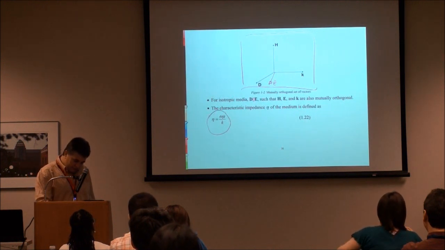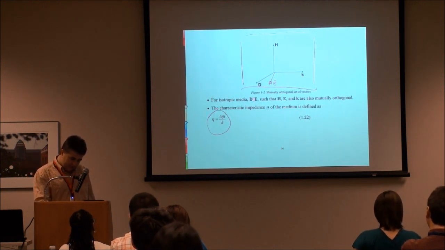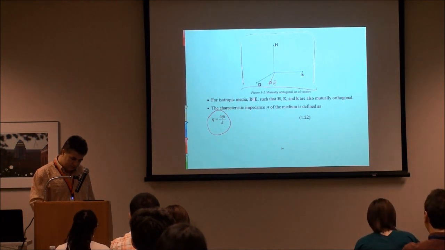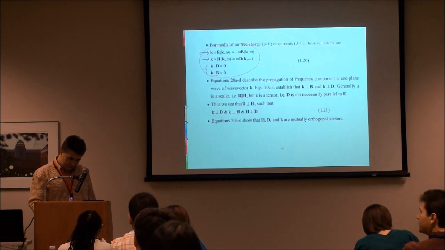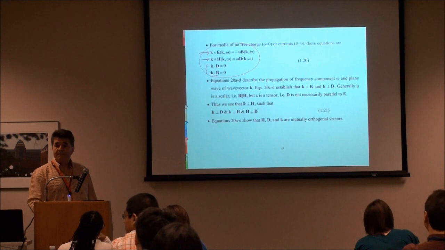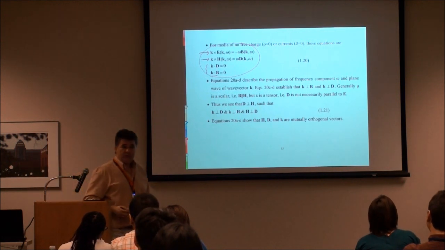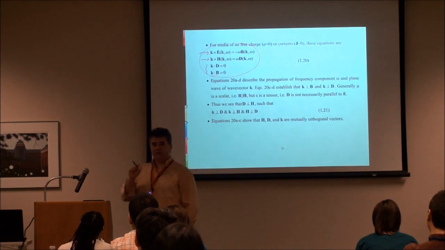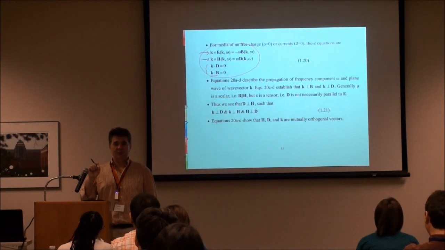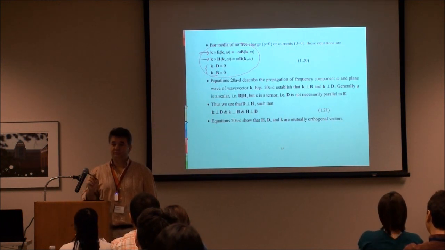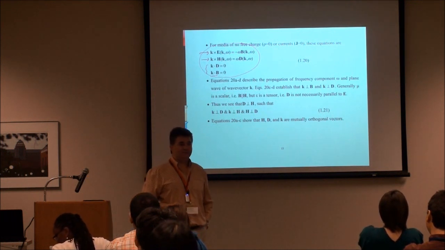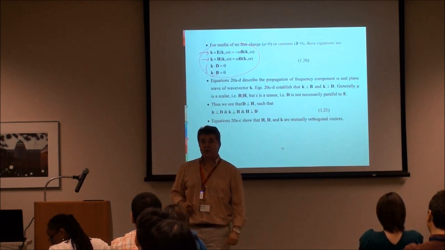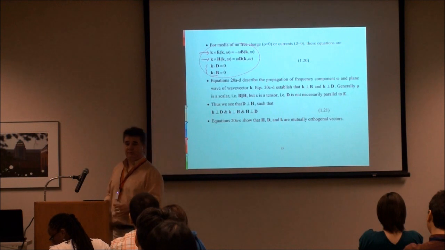You can define some impedance that by definition looks like this. B and H, do they need to be parallel? In general it can be, you can have anisotropy in the mu. So if that happens, then your material is called bi-anisotropic.